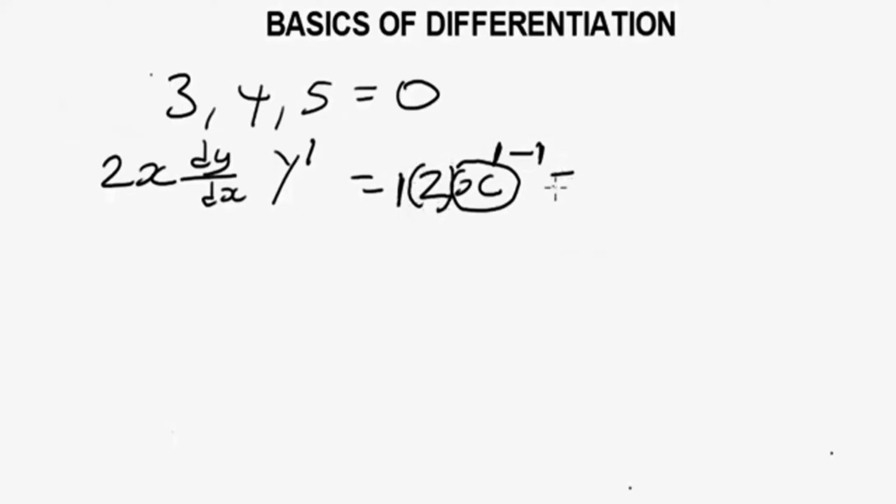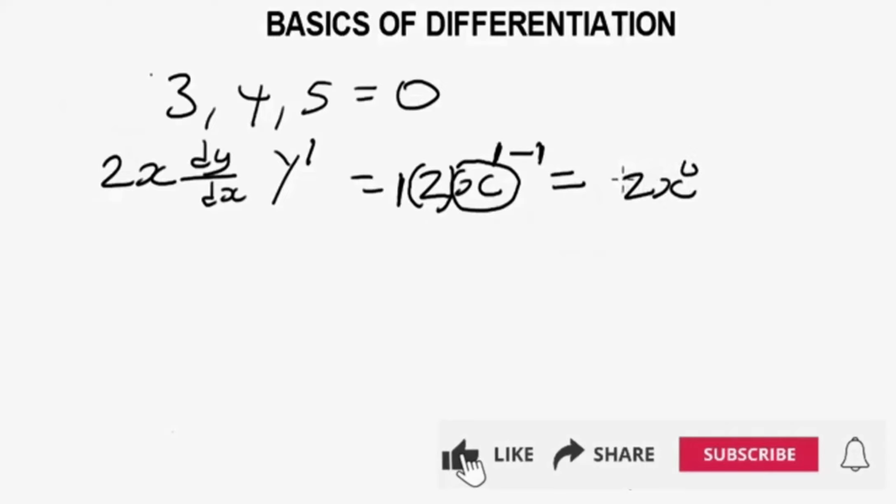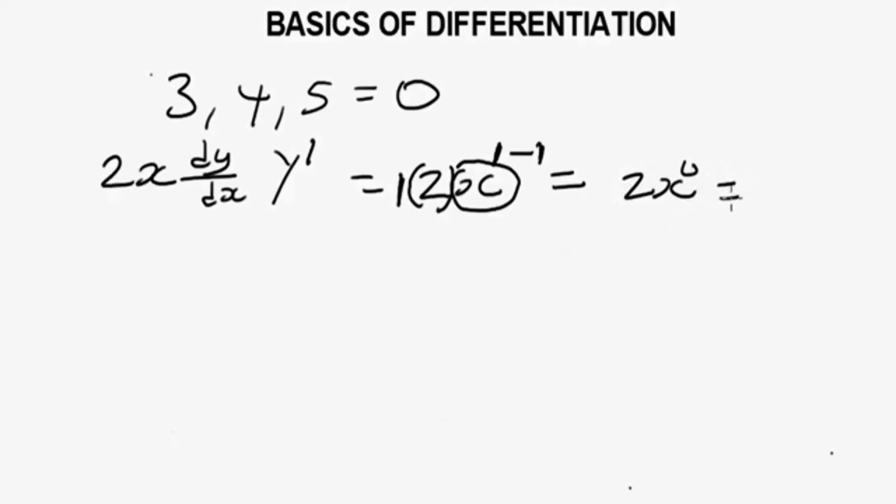So when you solve it, your answer will be 2x raised to power 0. One of the laws of indices states that any value raised to power 0 is 1. So since x raised to power 0 is 1, our final answer will be 2 times 1, which gives us 2. It's as simple as that, guys.